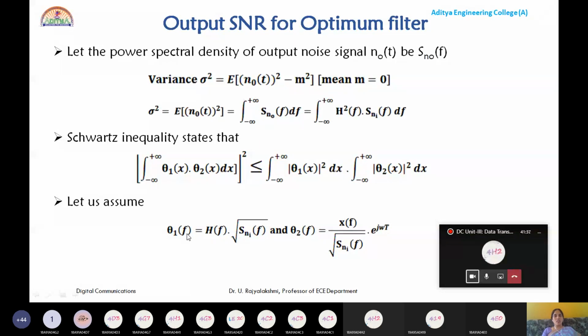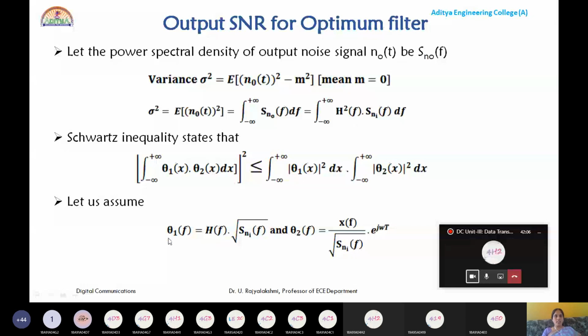And theta 2 of f is x of f divided by root Sni of f into e power j omega t, because in the denominator you need sigma square, that is integral minus infinite to plus infinite h square of f into Sni of f df.